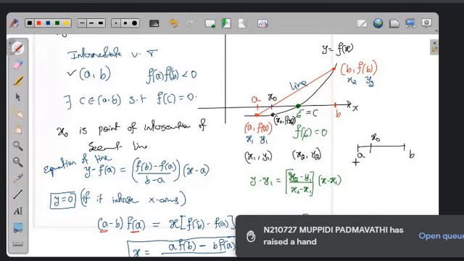Here it is negative and here it is positive. And we found that at x naught it is negative, from the graph, it is below the x-axis. So the next interval is going to be x naught comma b, because at x naught it is negative and at b it is positive, so in between there is a root.